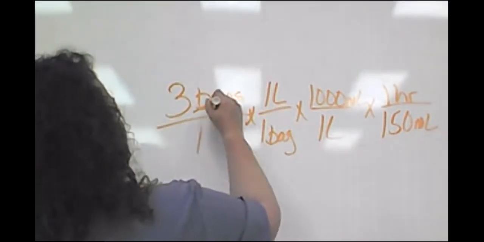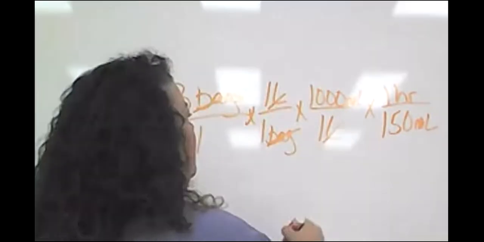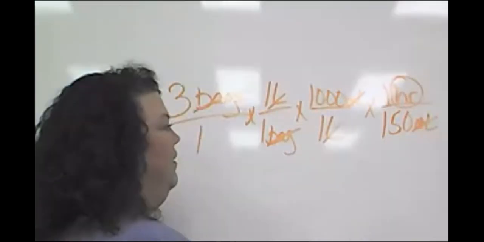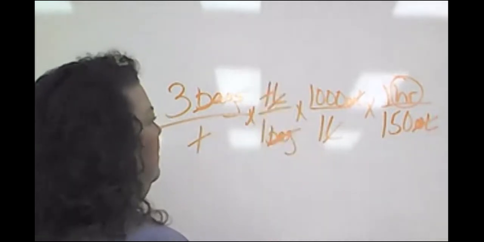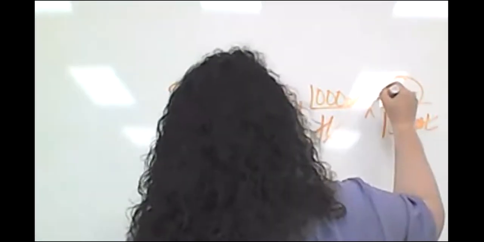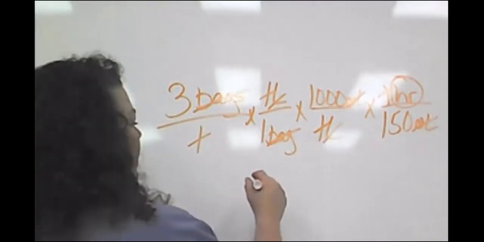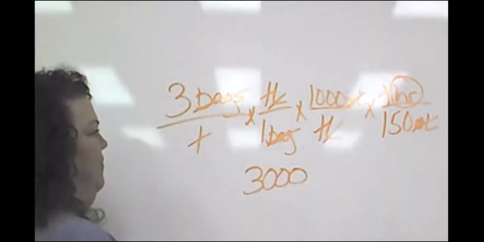So we can cancel our like units. We'll lose bags. You lose the liters. We can even lose the milliliters. It leaves us with where we're going, hours. I can also cancel this 1, and we can cancel these 1s. It leaves me with, for the numerator, 3 times 1,000, and that equals 3,000, right?